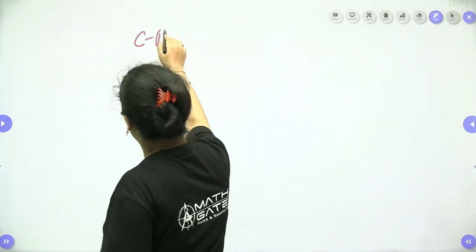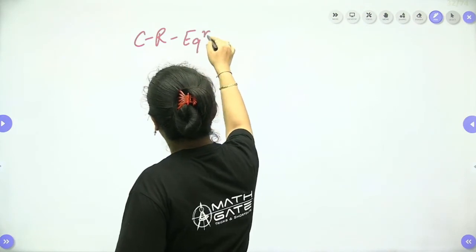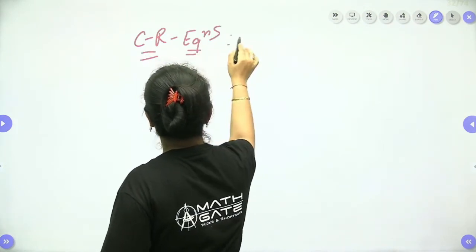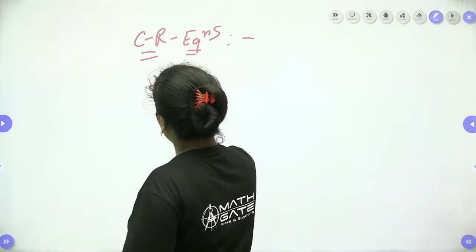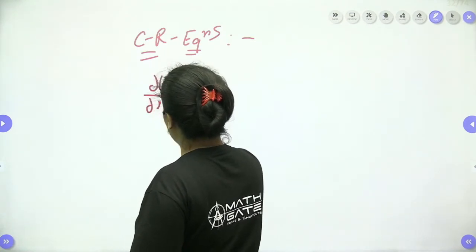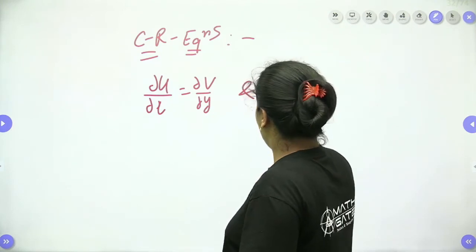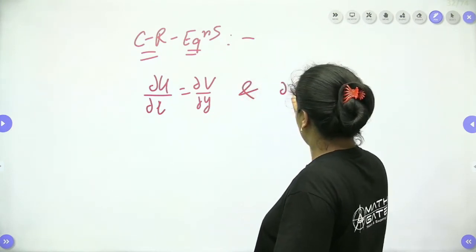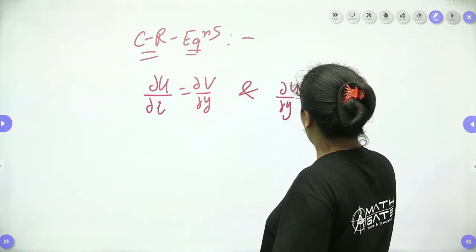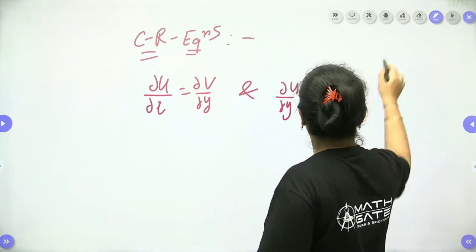Let me show you. The CR equation, that is the Cauchy-Riemann equation: del u by del x is always equal to del v by del y, and del u by del y is always equal to minus del v by del x.